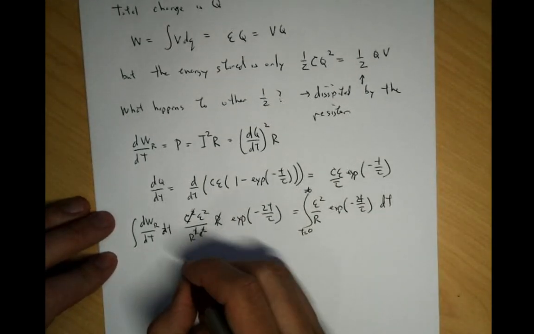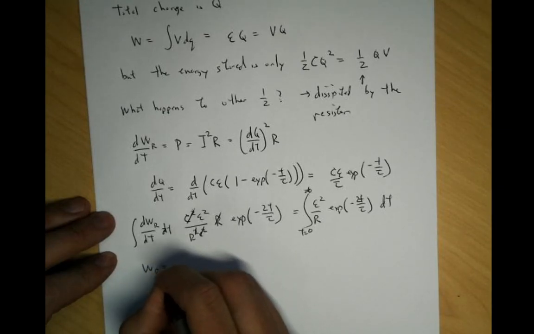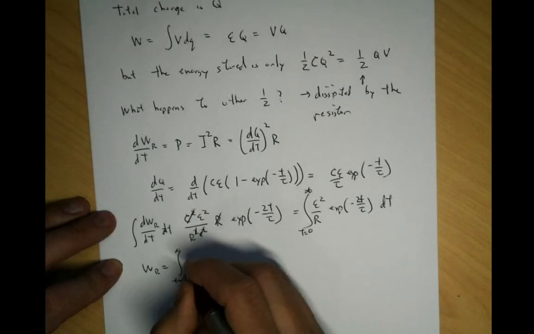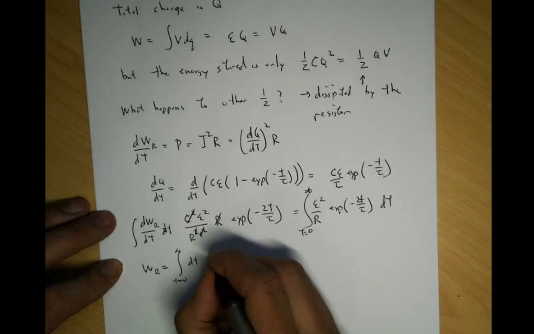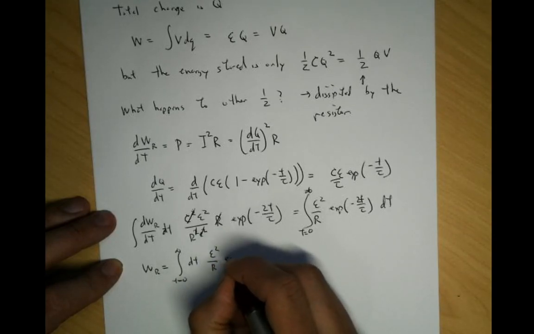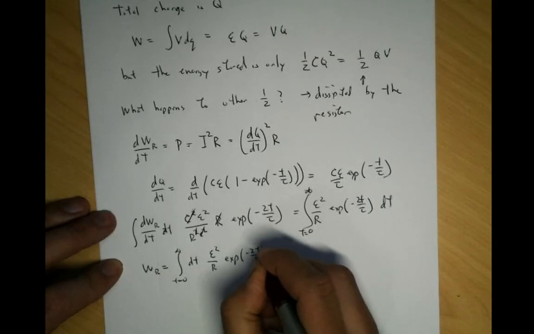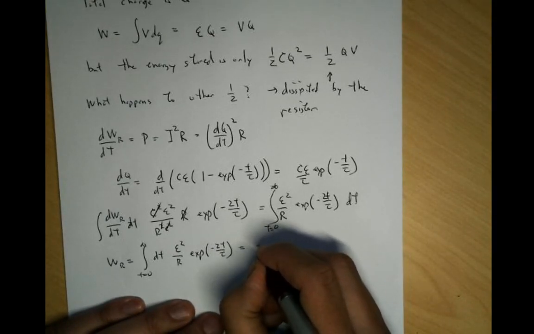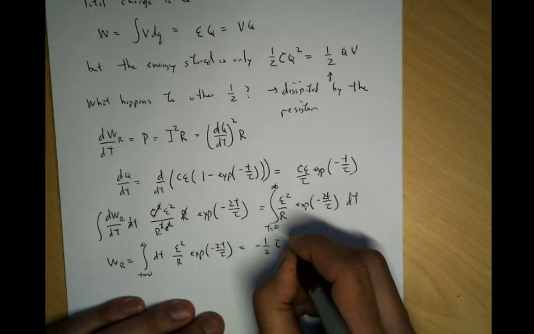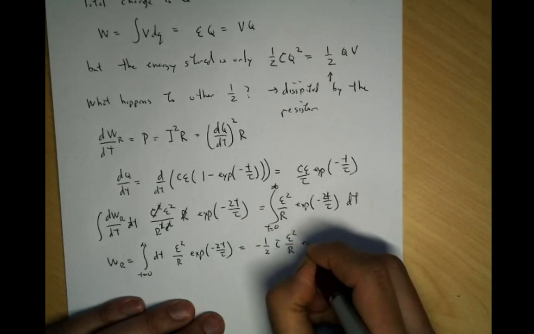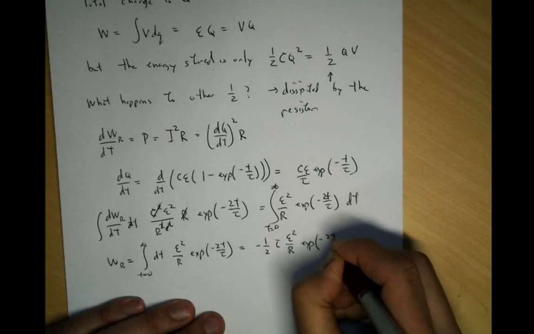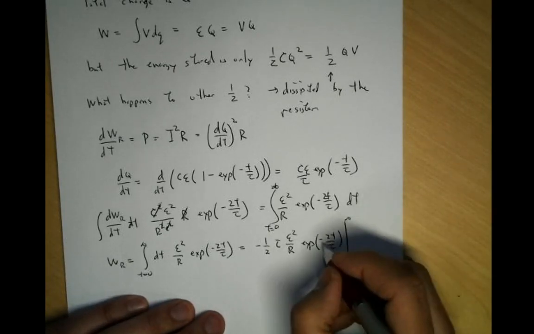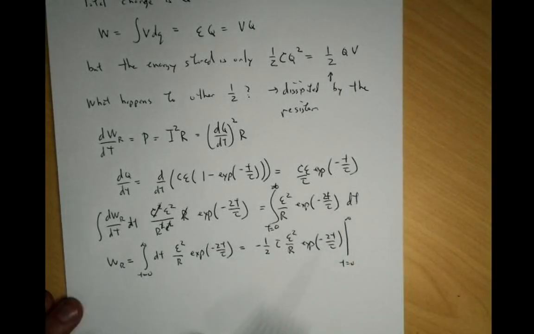So this is just going to be equal to the work done by the resistor: the integral from t equals 0 to infinity of dt of epsilon squared over R exponent minus 2t over tau. You work this out. This will give you a minus 1/2 tau epsilon squared over R exponent minus 2t over tau, evaluated at t equals 0 and infinity. When you do that, this just gives you a 1 out here, and everything else works out.